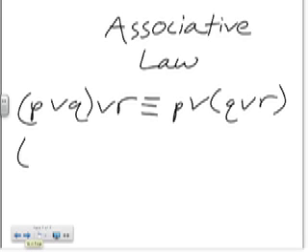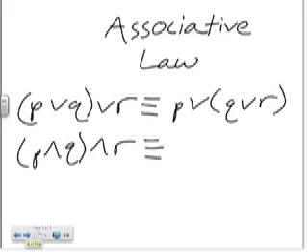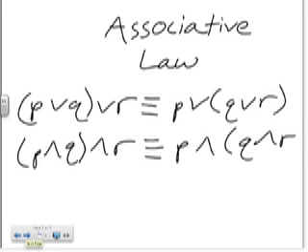Similarly, P and Q and R is equivalent to P and Q and R, with the grouping changed.